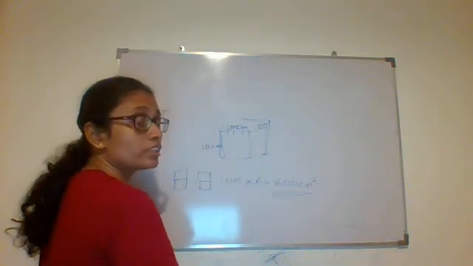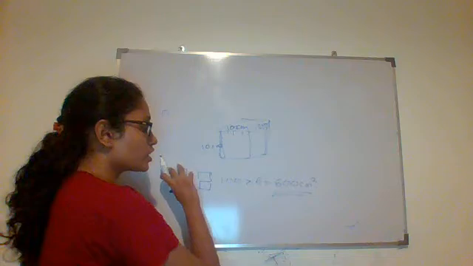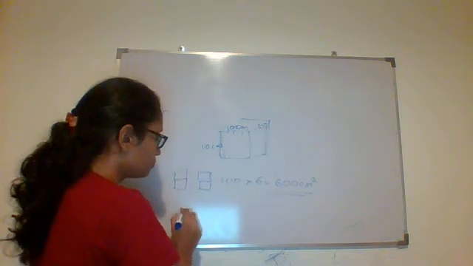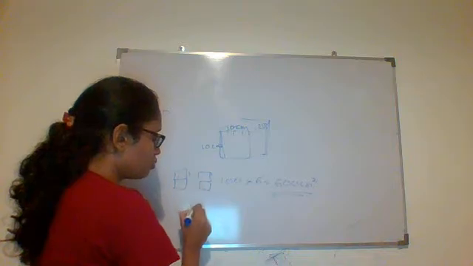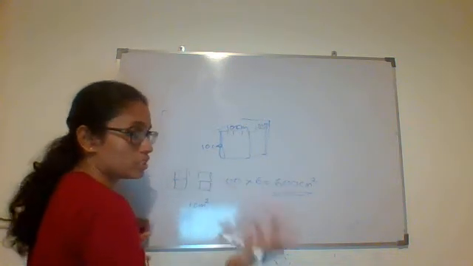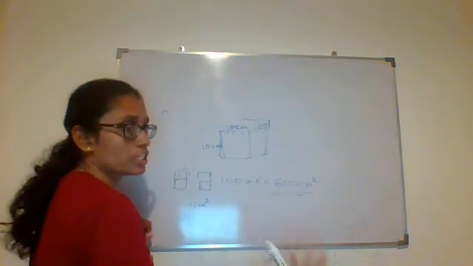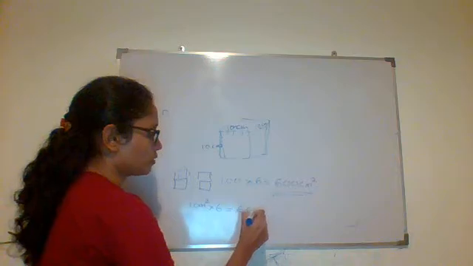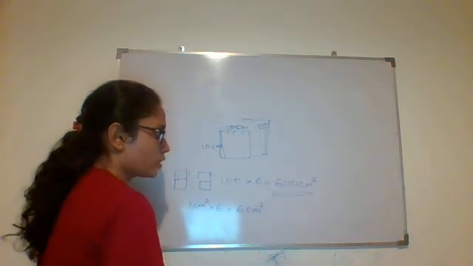If you calculate the surface area of one of these cubes, it will be 1 square centimeter per face, and normally there are 6 faces per cube, so it will be 6 square centimeters.